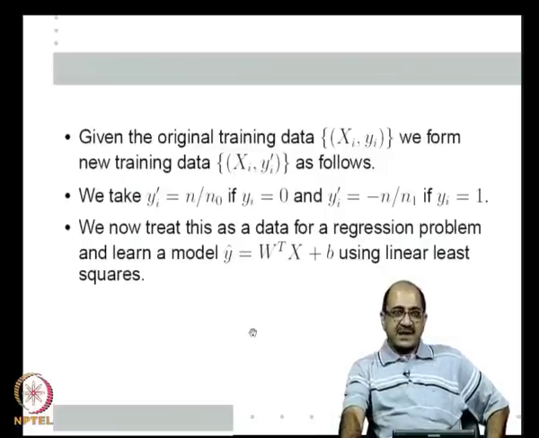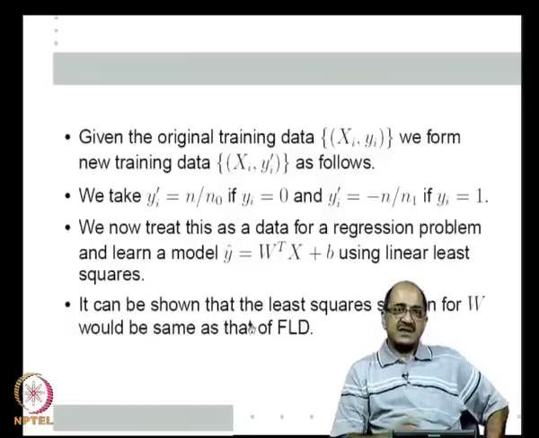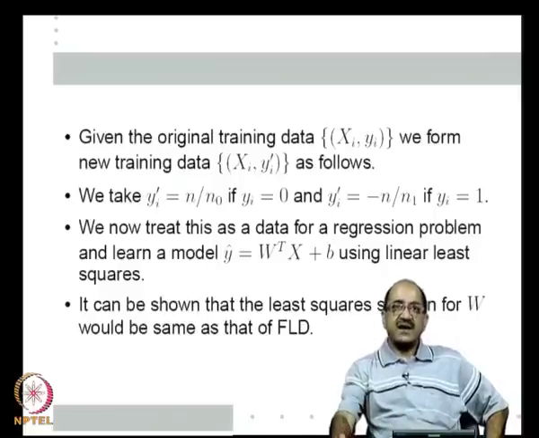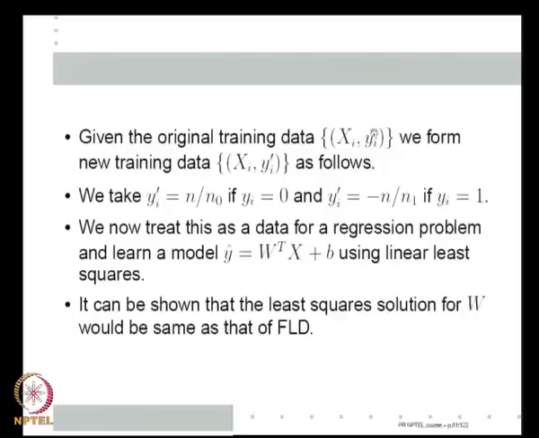One can show algebraically, the algebra is a little tedious, but it is there in one of your prescribed textbooks, namely Bishop's book, that if I take this data, recode it as xi, yi prime, think of this as data for a regression problem and then find a linear regressor, then the least squares solution W that I obtain for fitting this model to this changed data will be exactly the same as the W that we get out of Fisher linear discriminant.